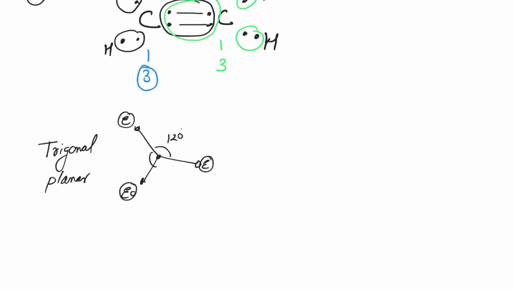That means if you want to draw, this should be the structure, each 120 degrees away from each other. Now we have another thing to worry about.